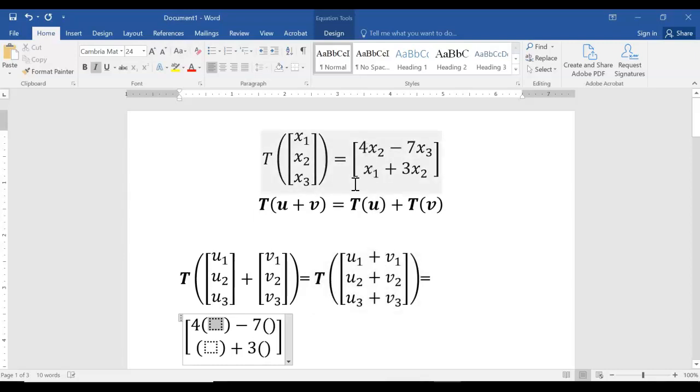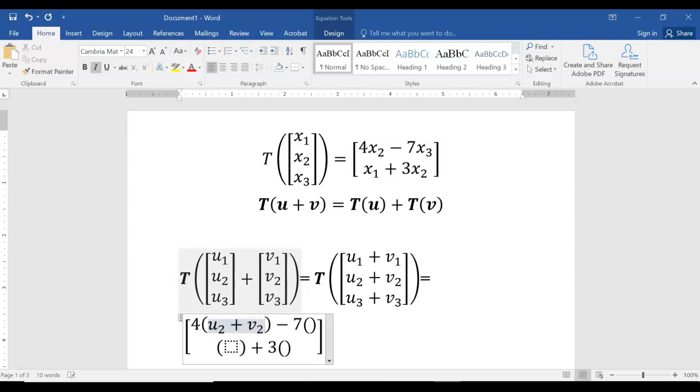So you're going to do 4 times the number u2 plus v2 minus 7 times the number u3 plus v3. So that's going to be whatever you get out.